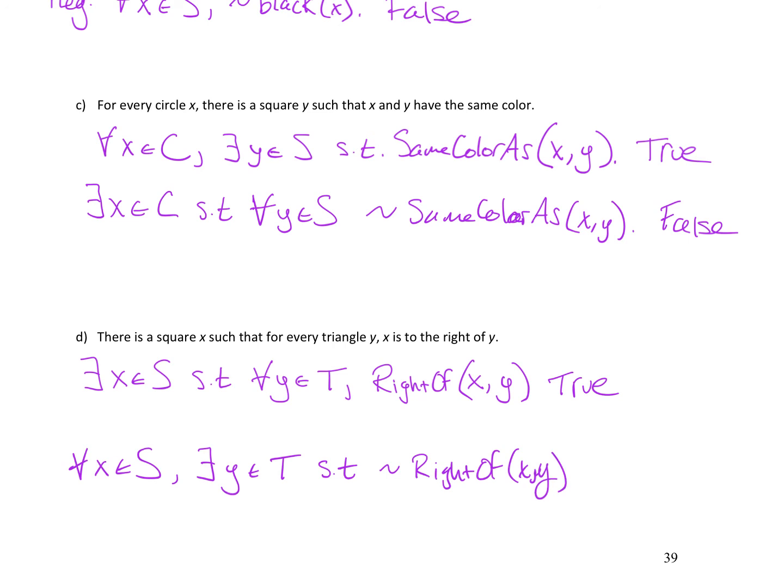So this says that for all squares, there is a triangle such that the square is not to the right of the triangle. Or you could reverse the order here. You could say, for all x's in the squares, there exists a y in the triangles, such that instead of writing not right of x, y, we could write right of y, x. And that is false.